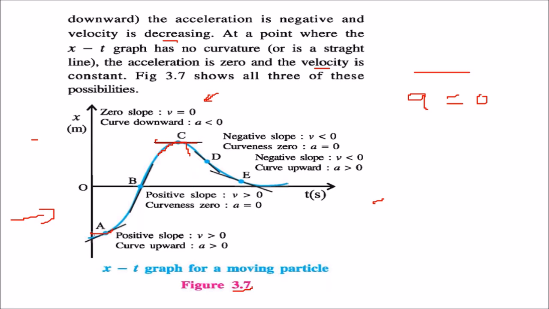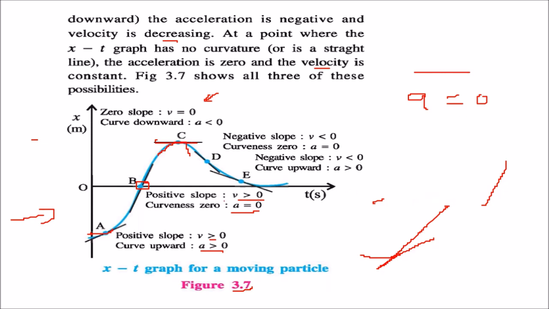See, this is at 0. This also is at 0. When we come here, we have 0 slope. There is no slope, so it is also curved downwards, that is acceleration is less than 0. In this case, we have a graph something like this. This is a tangent, so we have a negative slope. V is less than 0, acceleration is again 0 because there is no curvature here.